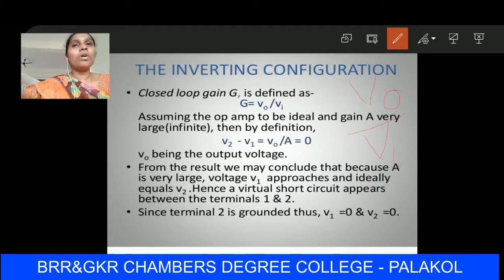We already know that it is an ideal operational amplifier. In an ideal operational amplifier, the gain is always high, that is infinity. Next, the input resistance is also very large. Any differential amplifier produces an output voltage V0.